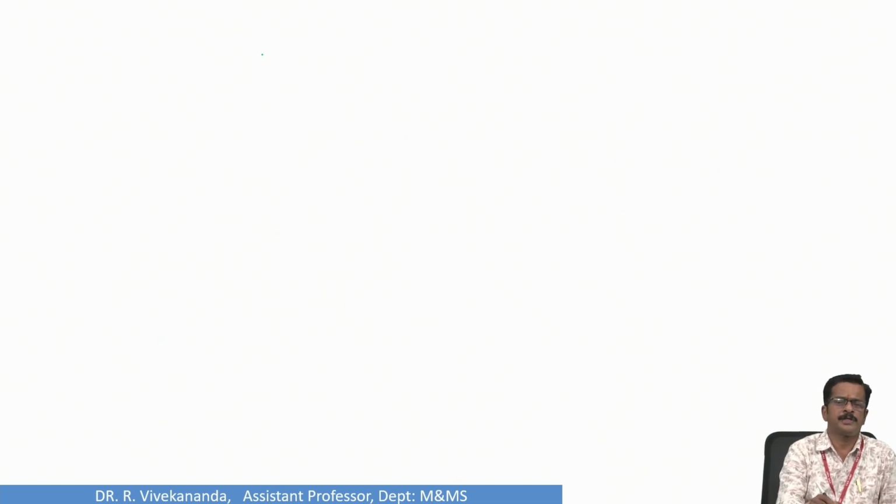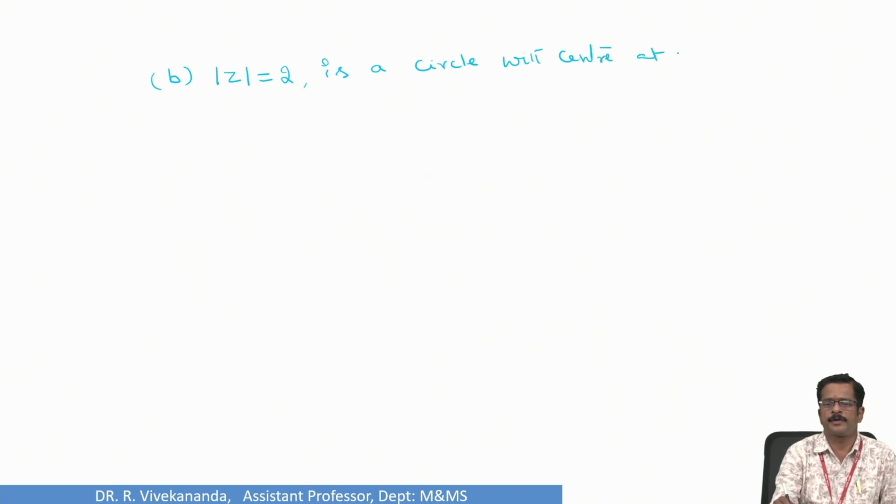We have to evaluate the integration for mod z equals 2, which is a circle with center at origin of radius 2 units.